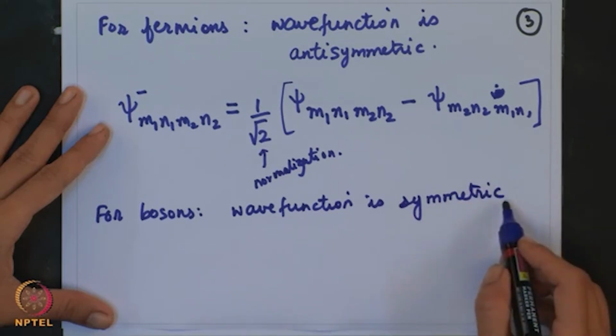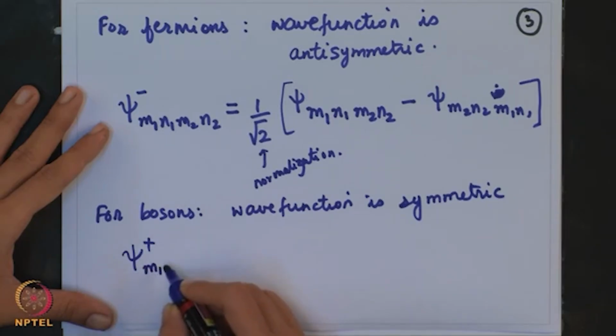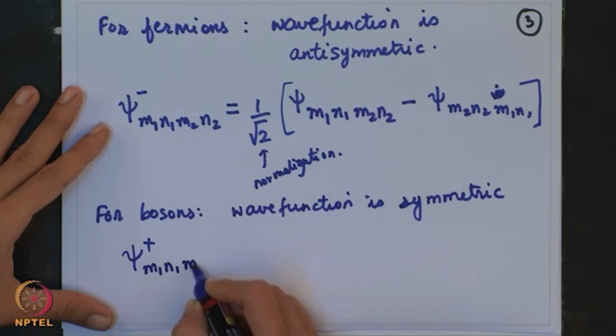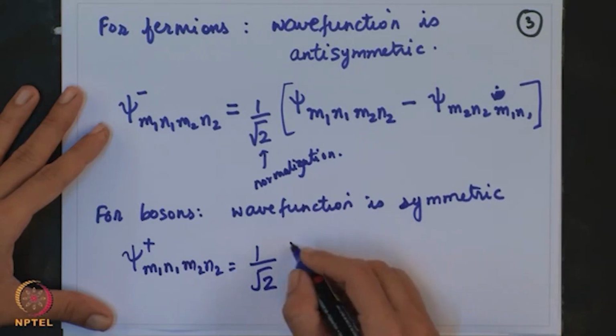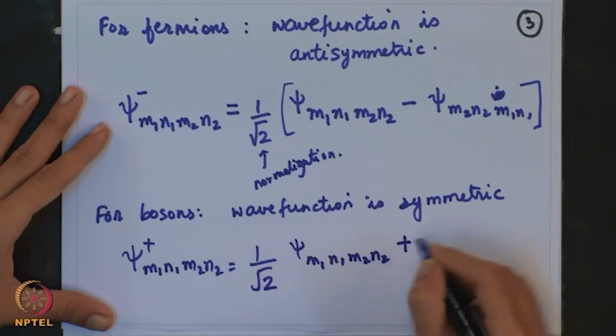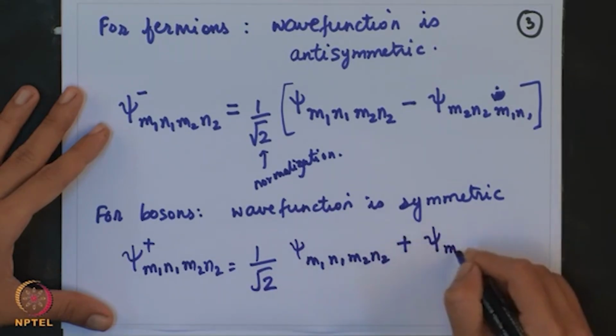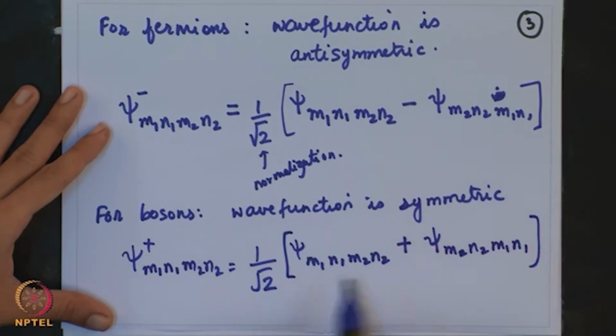When the wave function is symmetric, we represent it by a plus sign: psi m1 n1 m2 n2 will be 1 over square root of 2 times psi m1 n1 m2 n2 plus psi m2 n2 m1 n1. So if you interchange particle 1 with particle 2, there is no change in sign; it will remain symmetric.